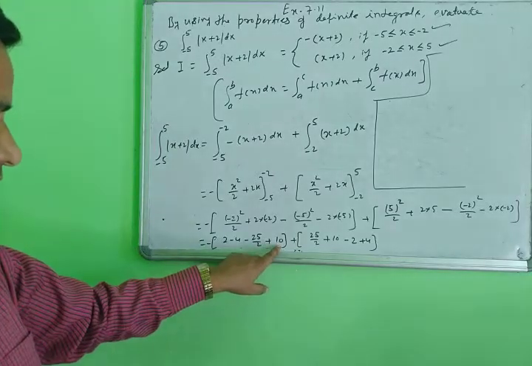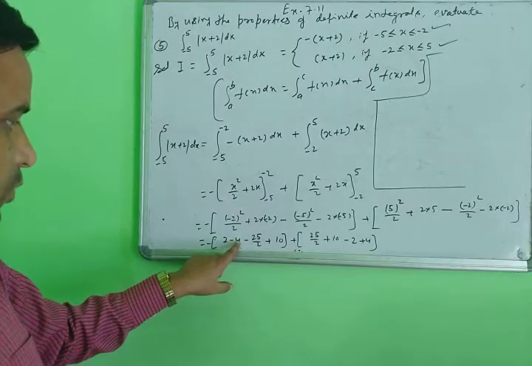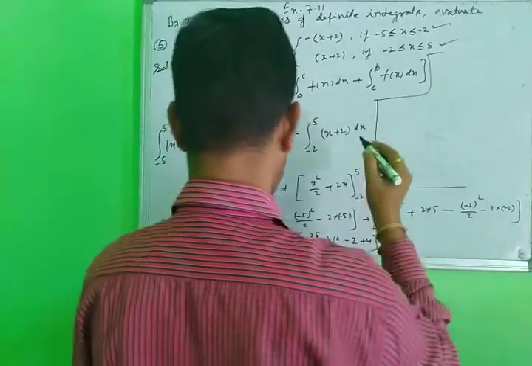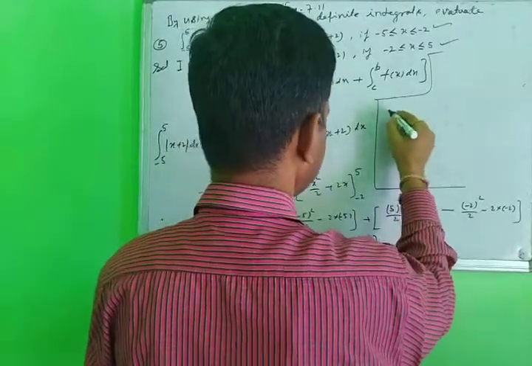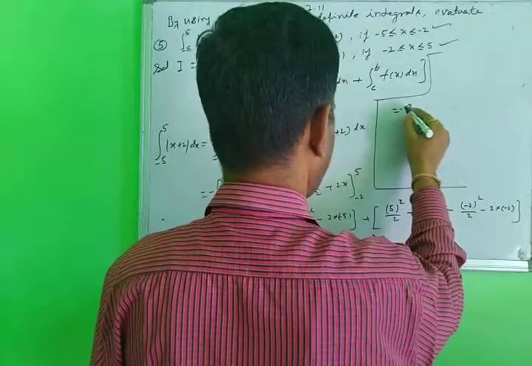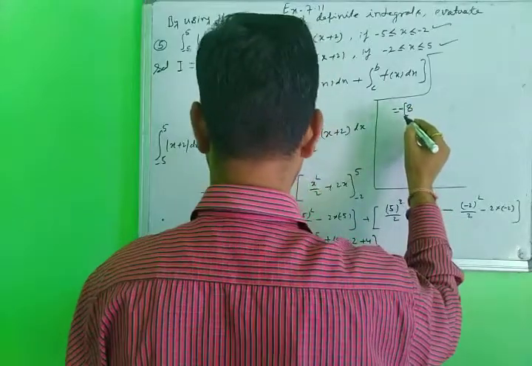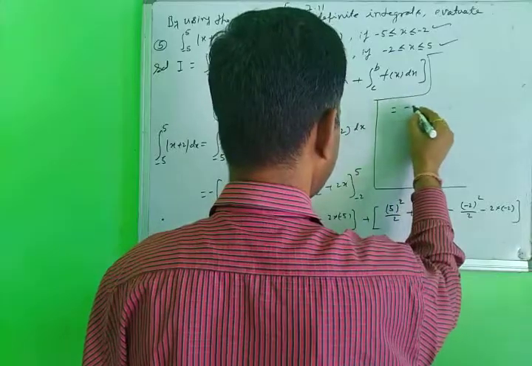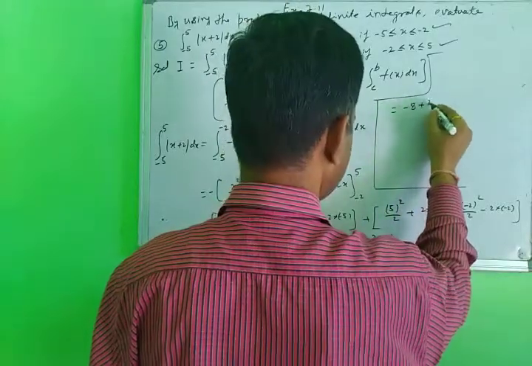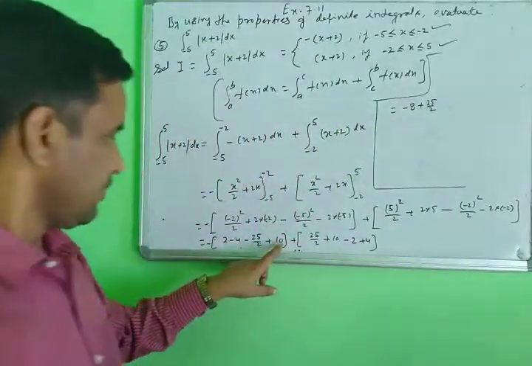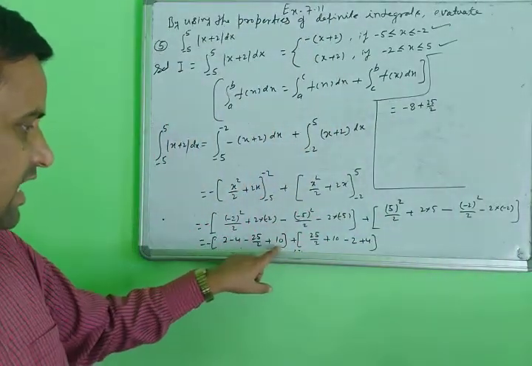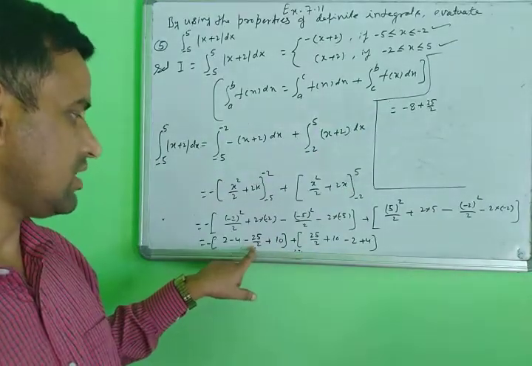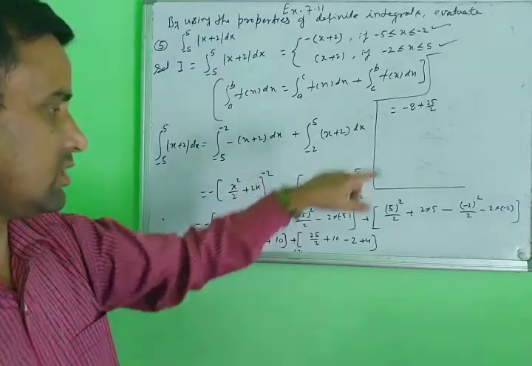You check this: 10 minus 4 plus 2 is 8, so plus 8 inside. The outside is minus, so minus 8, and here minus 25 by 2 becomes plus 25 by 2.